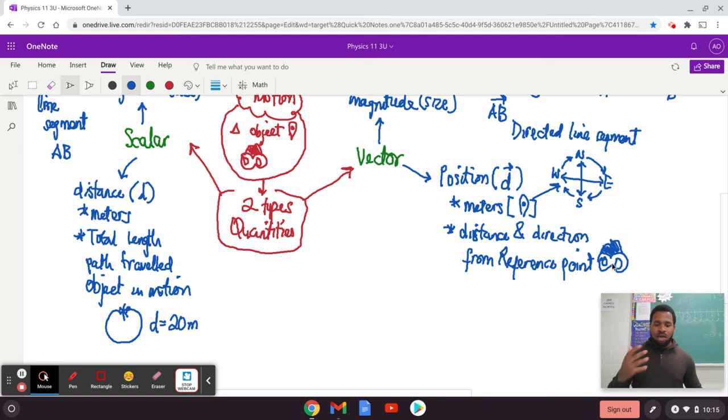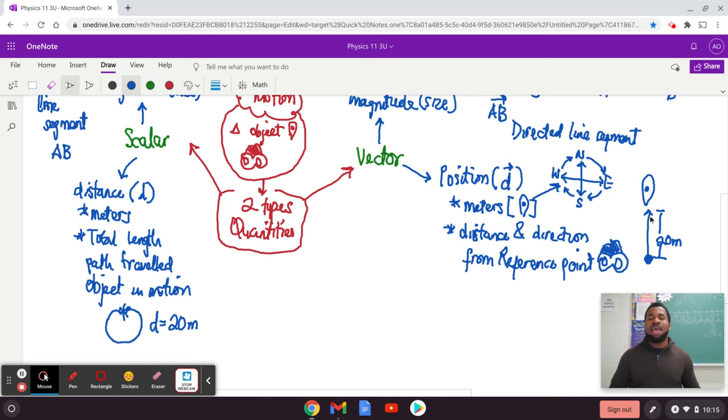And so in this case, for example, if I have an object that you observe at this particular point moving in this particular direction, and it stops right here, this is the new position, and the new position is the expression of not only the distance that is made by the object, in this case we consider it to be 20 meters, but also the direction, which means where the head is pointing at.